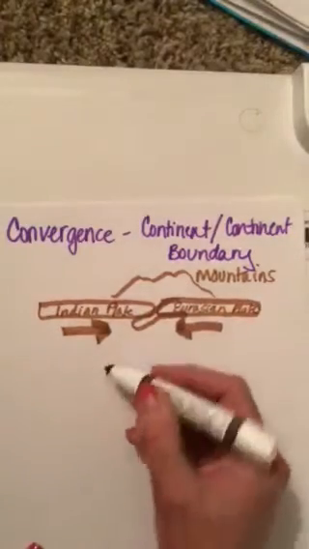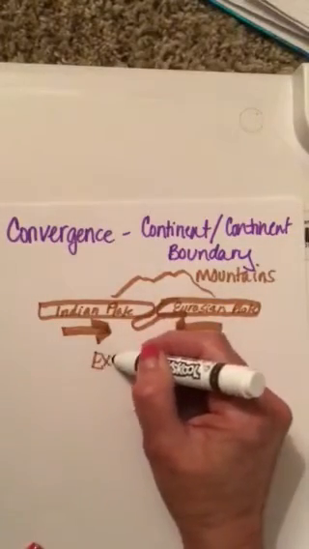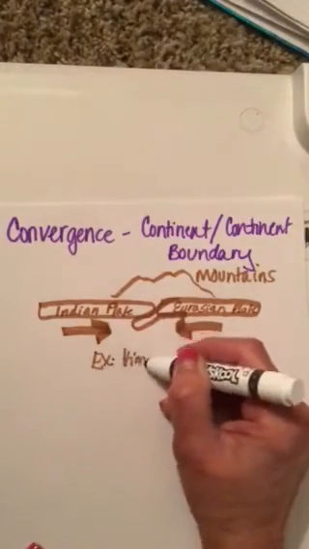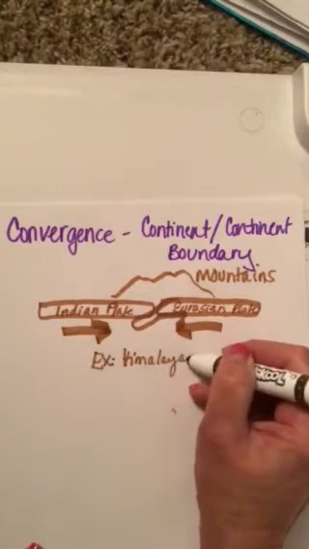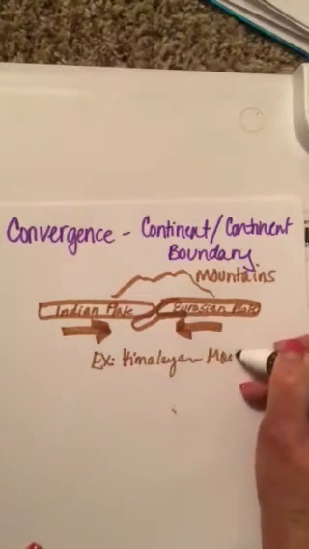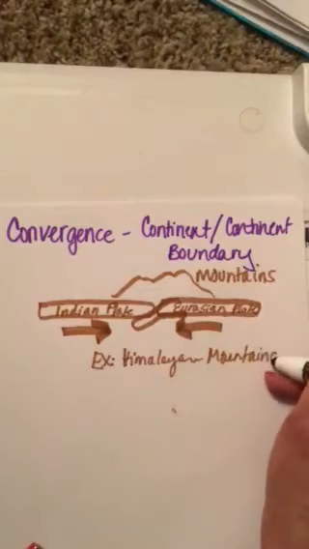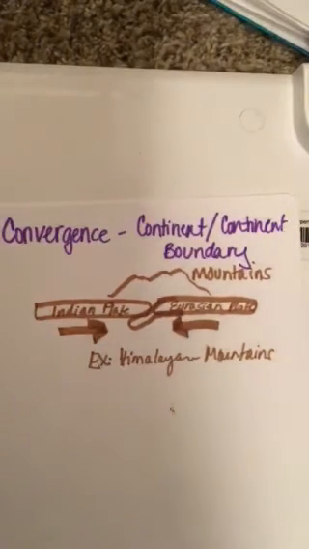The example that we're using here is the Himalayan mountains. So this is how these mountains are being built still today. These two plates are converging and building these mountains.